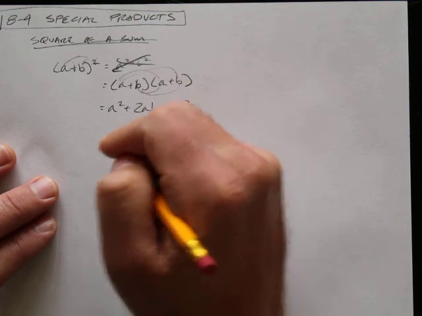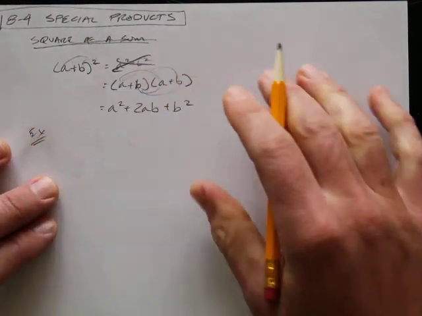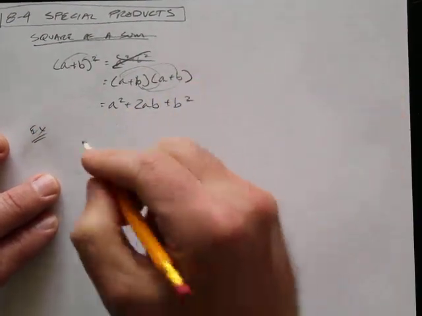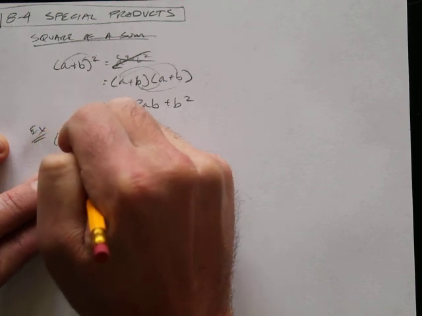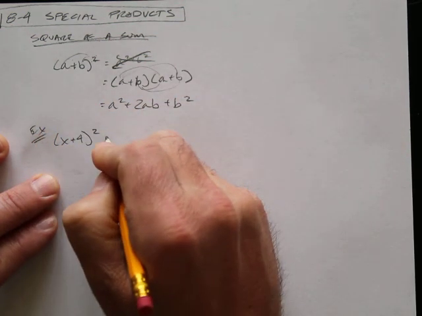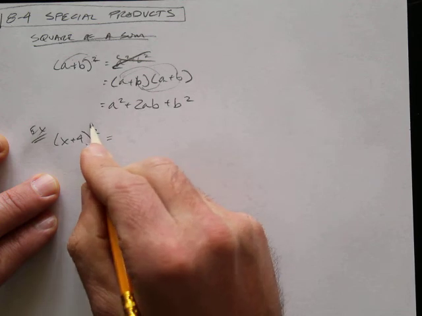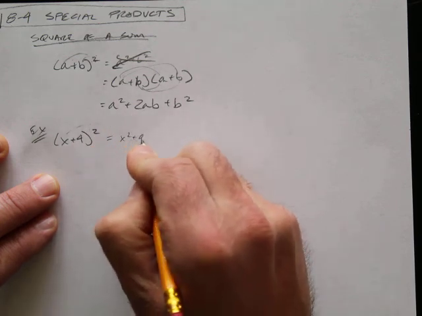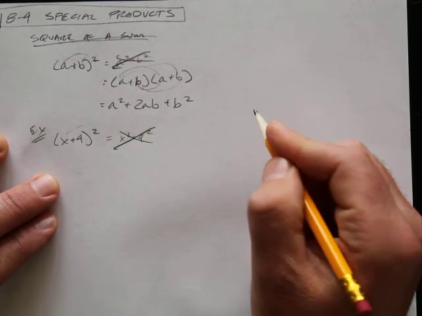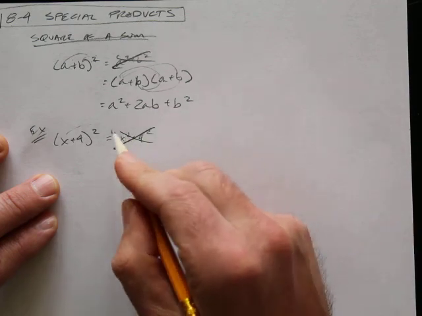So here's an example. If I have x plus 4 squared, I just distribute this, right? x squared plus 4 squared. No! That is not accurate.